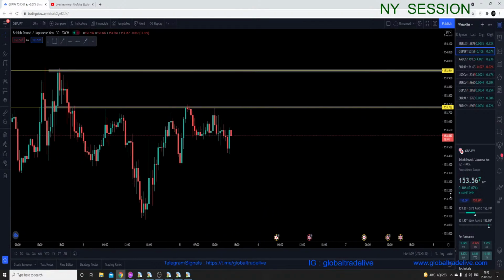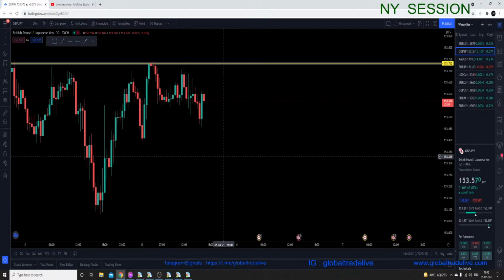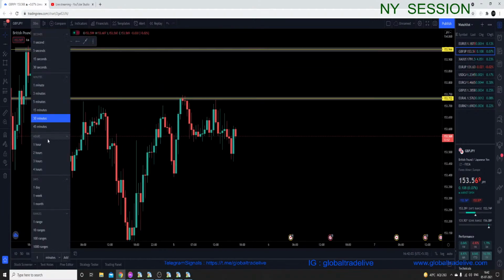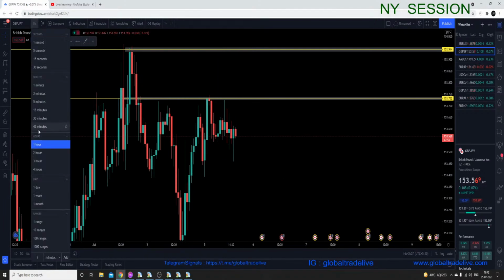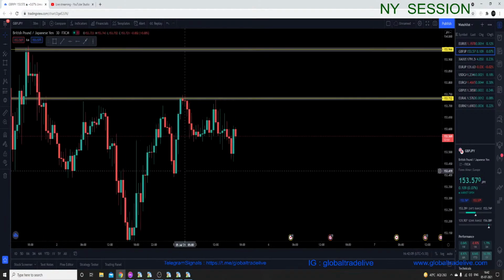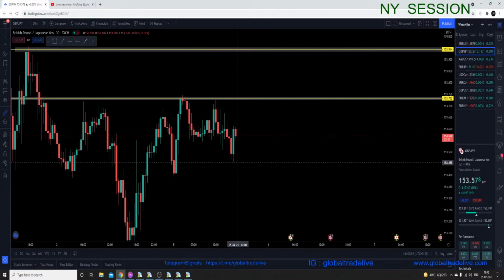Let's look out for sells, where we can execute the sells. Let's see, 1 hour. Okay, 1 hour looks good. So if it breaks this low here, no range.